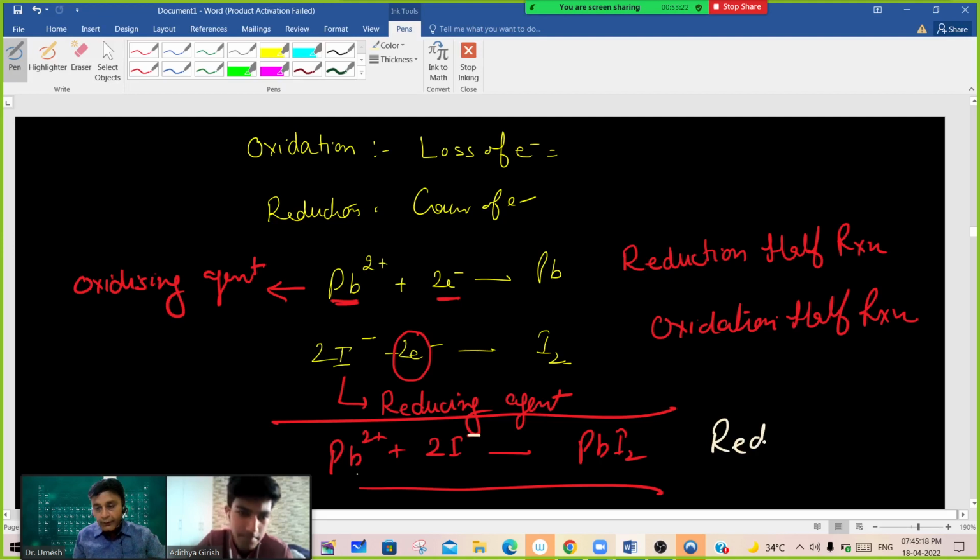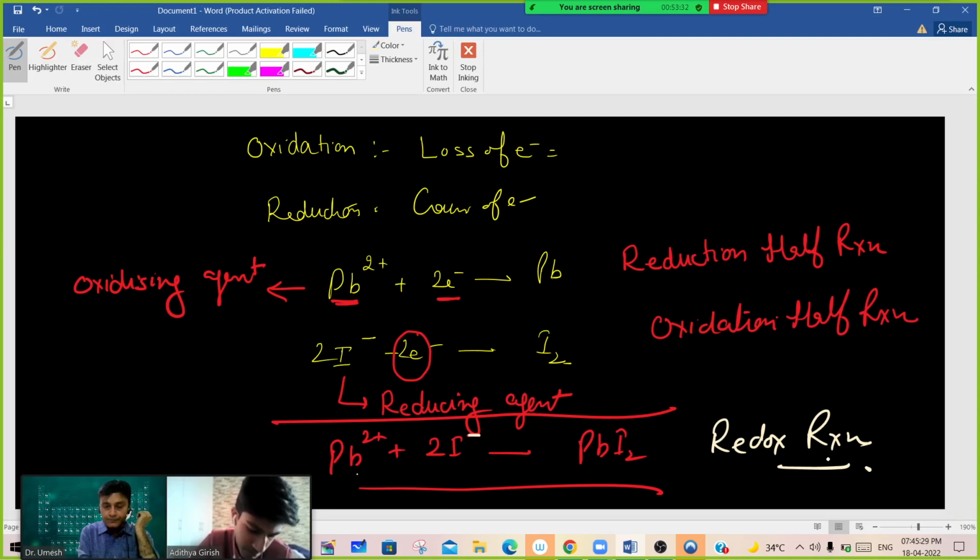So overall, it is called a redox reaction. Understood?